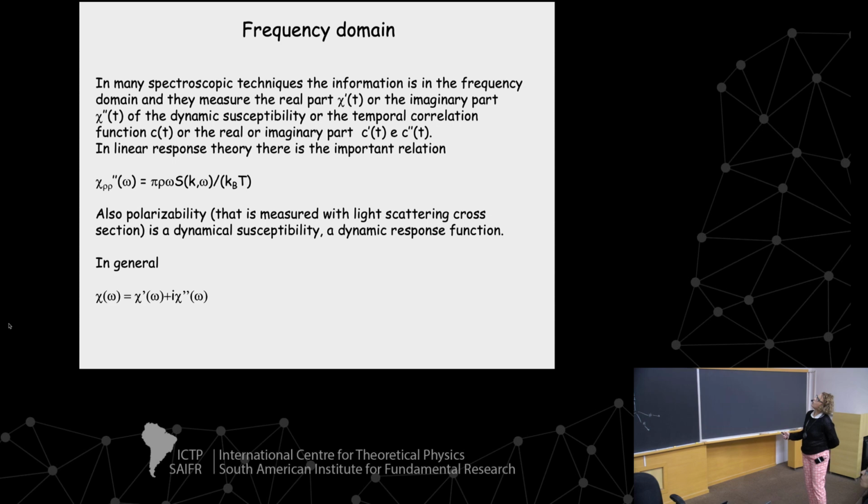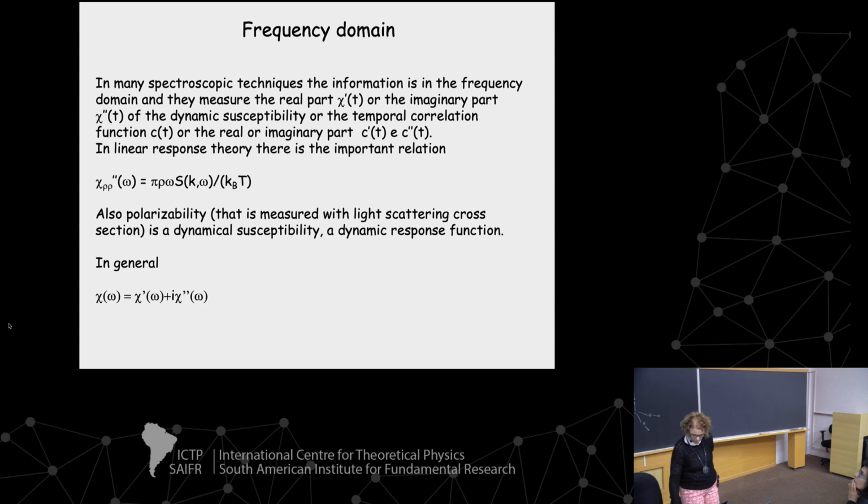For example, the S of k and omega is related to the imaginary part of the dynamic susceptibility in this way. And also the polarizability that is measured in light scattering is a dynamical response function related to the dynamic susceptibility.